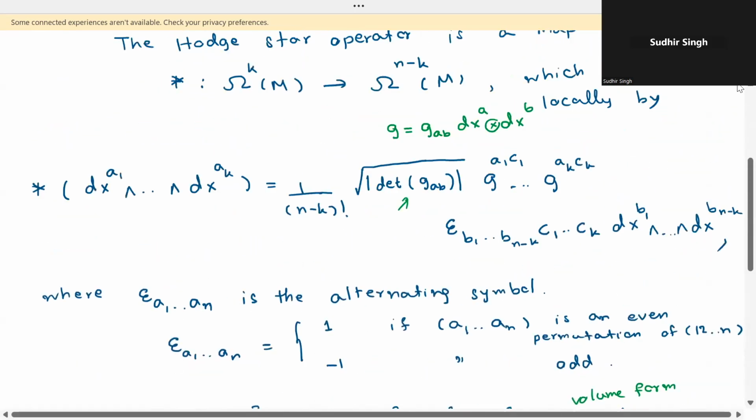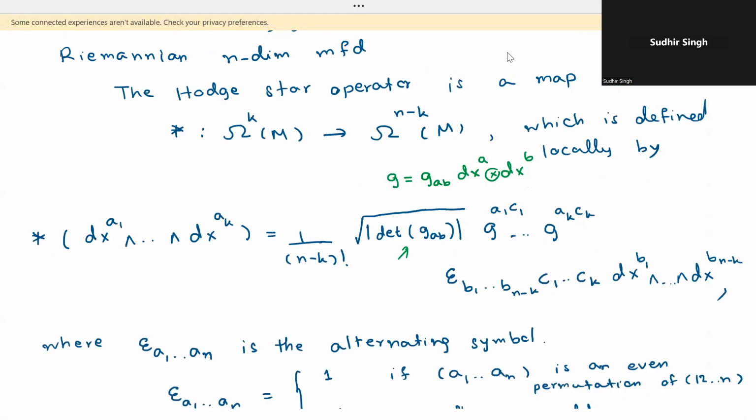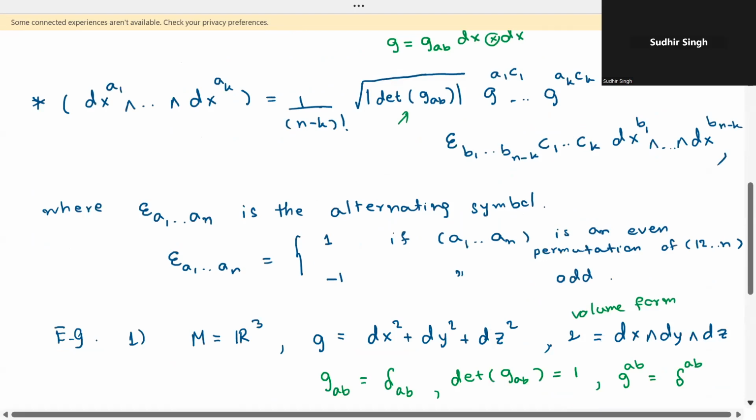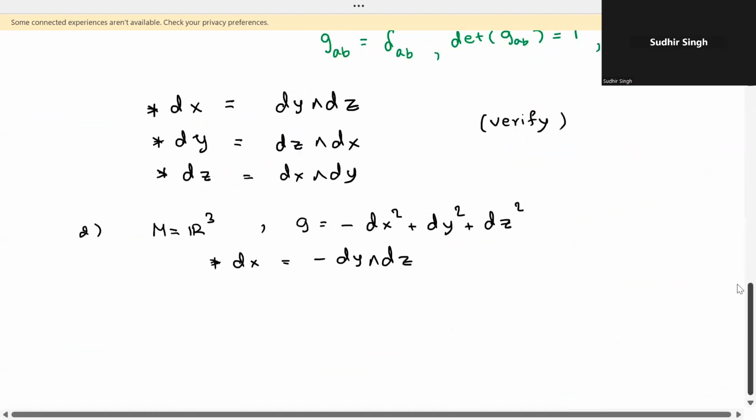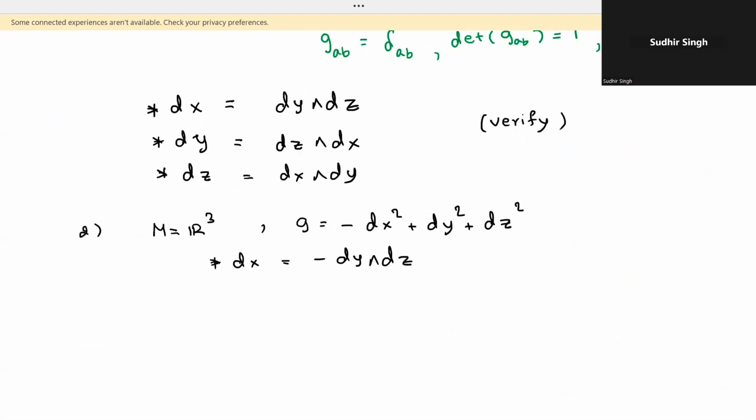From this local formula, we can write down the expression for the components of the Hodge dual of a k-form.